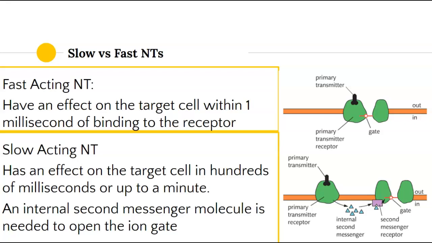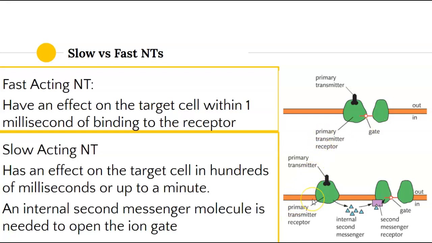So remember, the ion gate is your sodium-potassium pump. This is moving the sodium-potassium pump, continuing down the axon. So if it's a fast-acting neurotransmitter, it will just hit the target cell, and boom, we're opening gates, we're pushing that action potential, that impulse all the way down quickly.